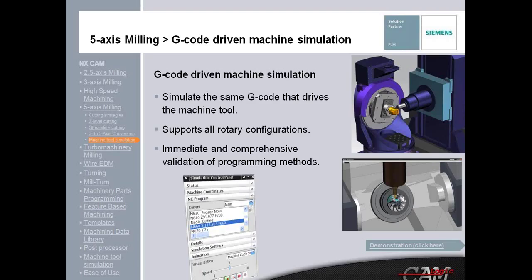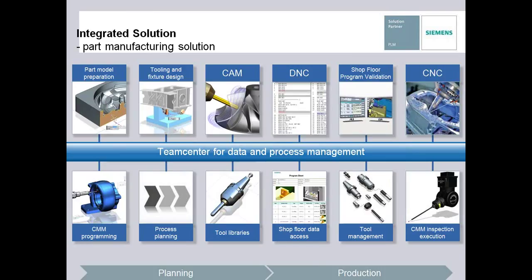It's not running the actual toolpath through the post processor and running the validation on the G and M code. With NX CAM, we have the ability to post-process and actually use that G-code to drive the machine simulation, which ends up meaning that whatever we see on the computer screen is exactly what's going to take place out on the shop floor.